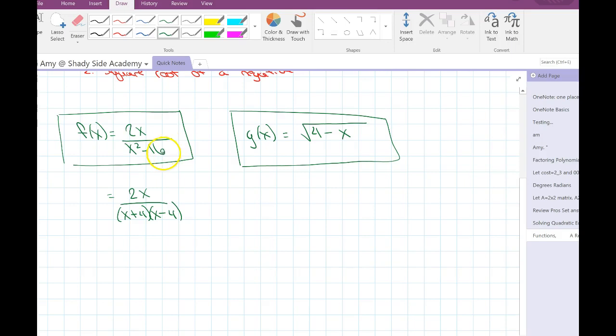And you may remember that factoring a difference of squares, a squared minus b squared, factors as a plus b times a minus b. And if you look at this denominator here, if x equals 4 or negative 4, division by zero occurs, and therefore this expression and then the function would not exist.